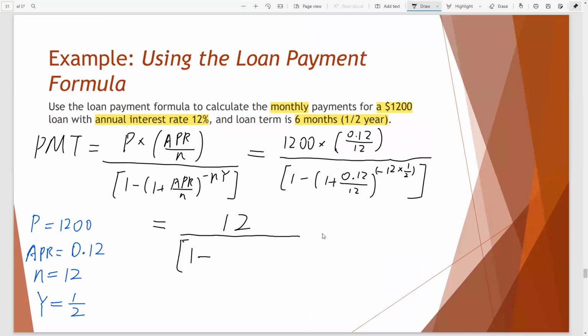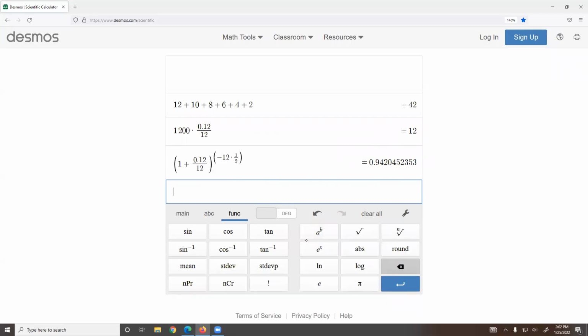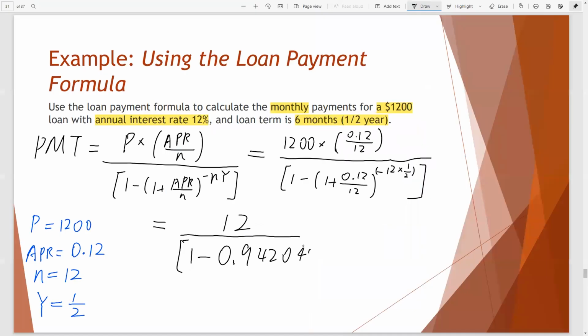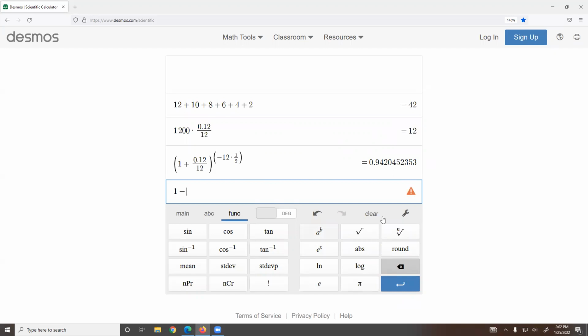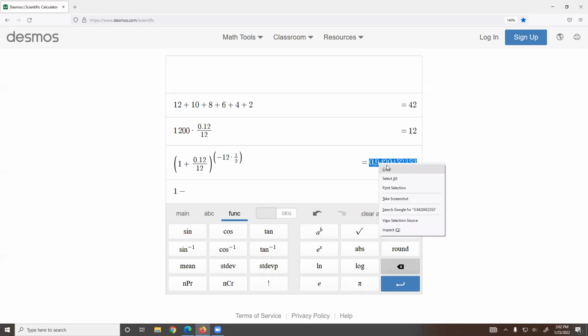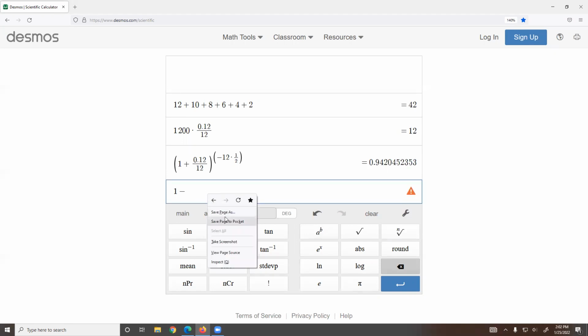0.942 and the long decimal 0.452353. Then just take 1 minus it. Since we have it on the computer, we're able to copy and paste.